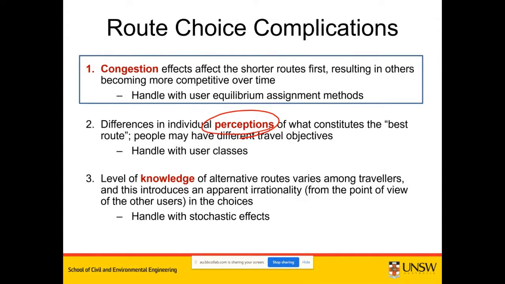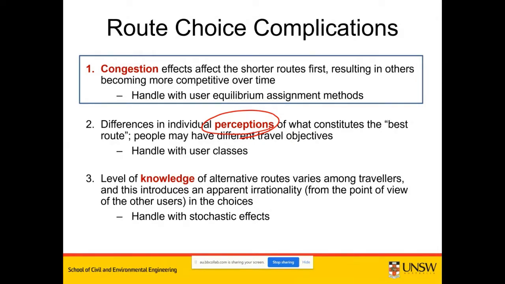I may say, hey, if you want to go to the CBD, take Anzac Parade. You may say, no, I don't want to take Anzac Parade. I think if I take the M1, if I take the tunnel, that's the shortest path. So people have different perceptions because we don't really have exact and complete knowledge of the network, right? People have different perceptions of which route has the shortest cost for them.